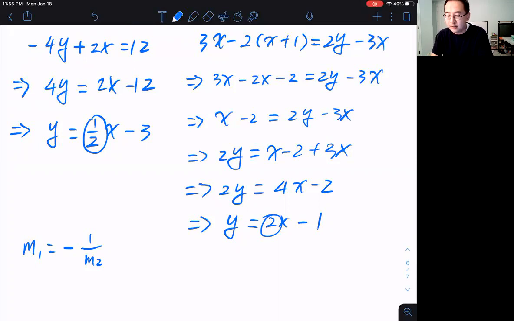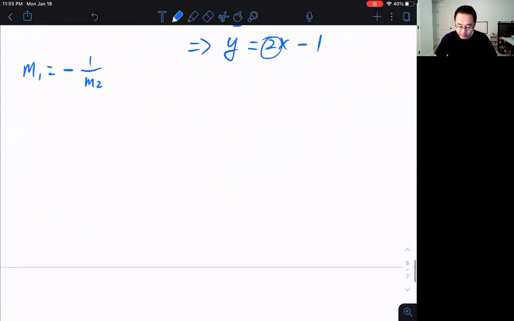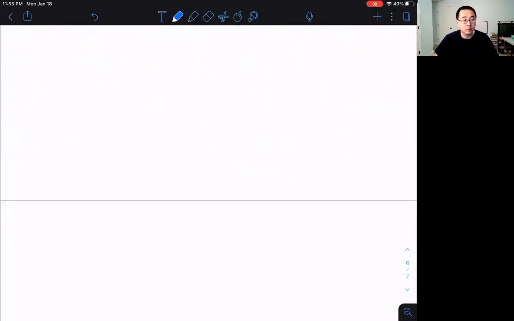Now, the last thing this week, we jump back a little bit to chapter 7 and talk about inequalities, linear inequalities in two variables. The reason is that in the last chapter we talked about inequalities with one variable.